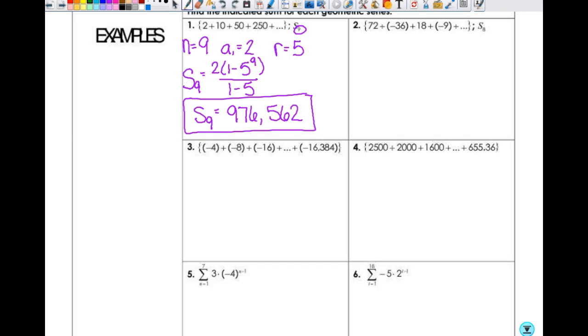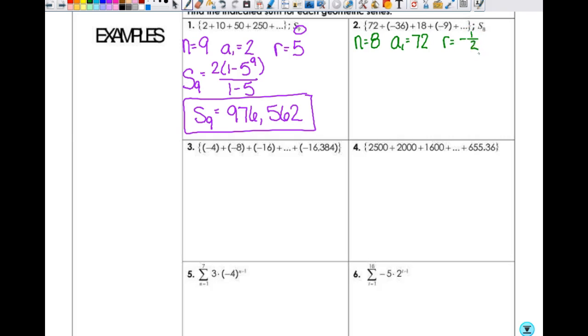What is in here? On number 2, what is A1? 72. And then I need r. r is a common ratio. I'm multiplying by what? Negative 1/2.